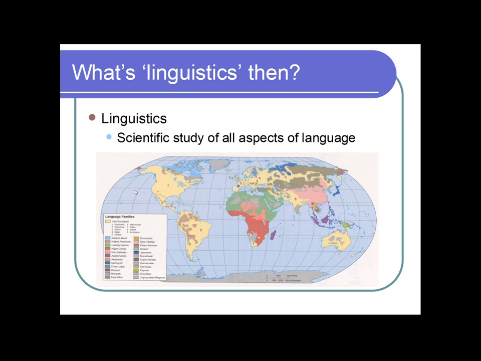Nobody's spoken it within living memory or living record, right? So nobody even was alive 2,000 years ago that wrote about it. It was before that time even, but it was reconstructed theoretically. That's a proto-language. All right. So often at the root of each one of these groups, there'll be a proto-language that's been reconstructed. In any case, there are a lot of language families and a lot of languages in the world, obviously.